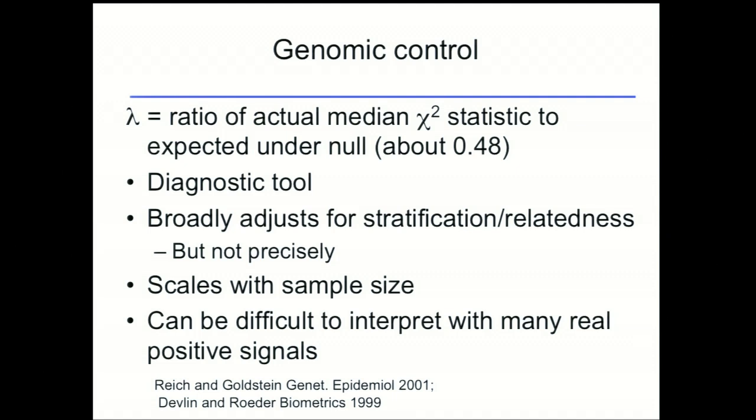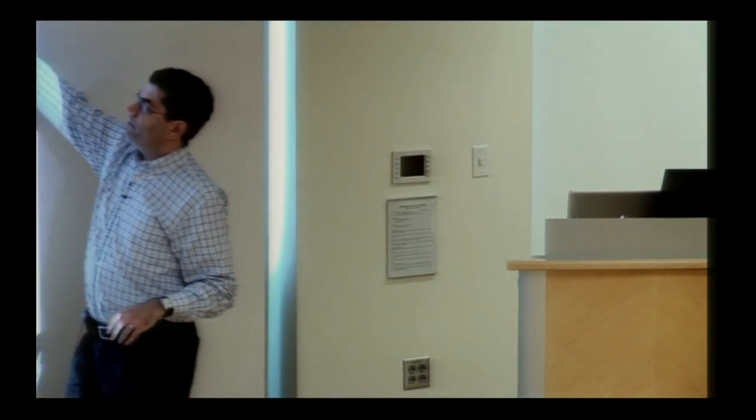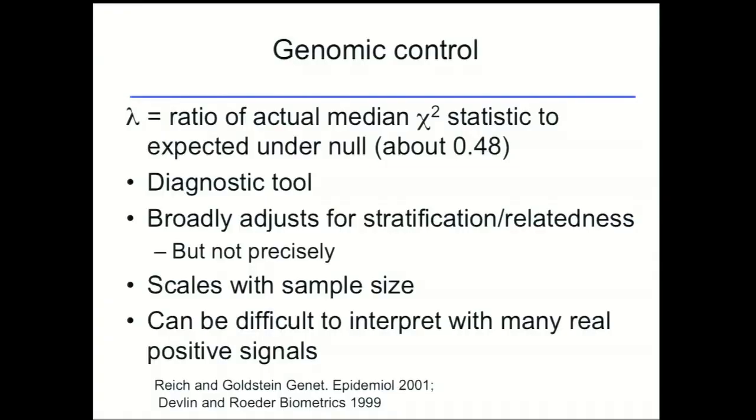Essentially what you do is you take your p-values and convert them to chi-square statistics, which is pretty standard to do. You can even do it in Excel and R and a whole bunch of other things. You take the median value, so not the best p-value or the worst p-value, but the one right in the middle, and you compare that to what the null distribution would be, a chi-square distribution sampled at random.